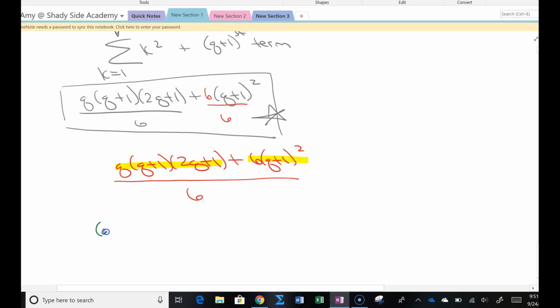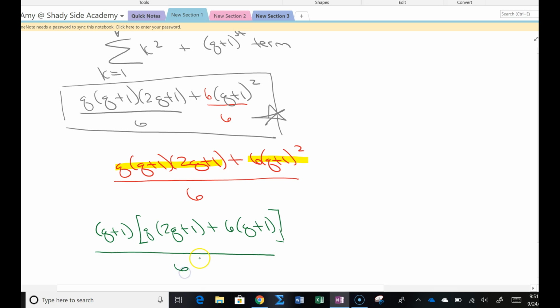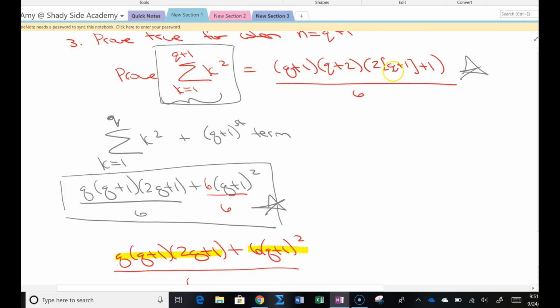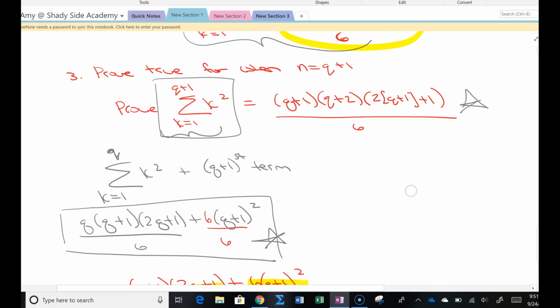I'm going to factor q plus 1 out, and what I'm left with inside is q times 2q plus 1 plus 6 times q plus 1. Everyone okay? All of this is all over 6, right? Now I'm looking at this over here. Look what I've got. I've gotten it almost there. I think what I'm going to do is simplify this up here. This is just the same thing as 2q plus 3, right? If I do that.